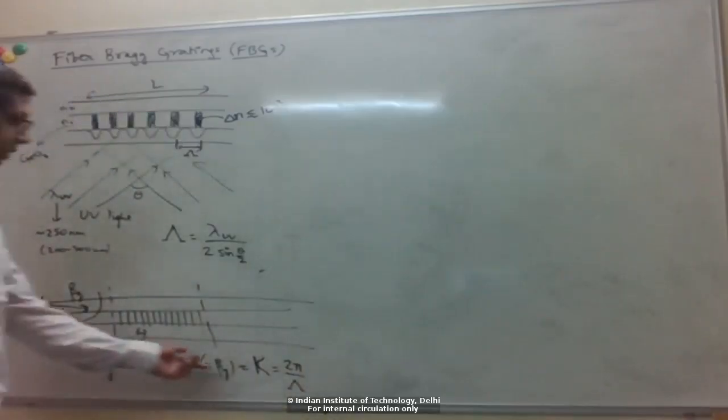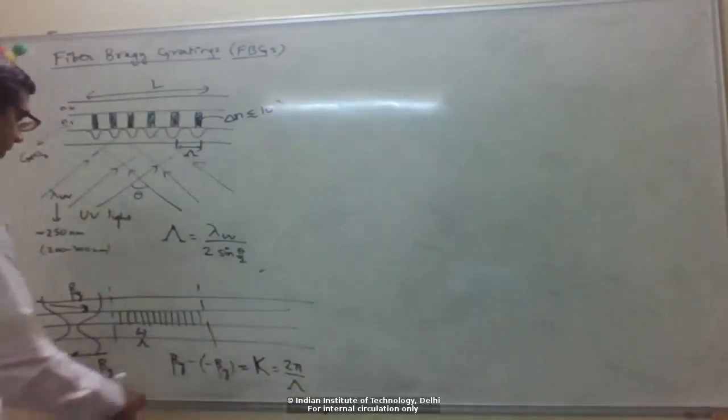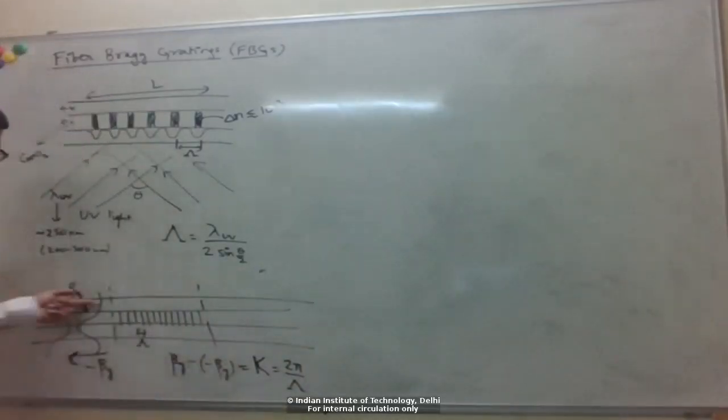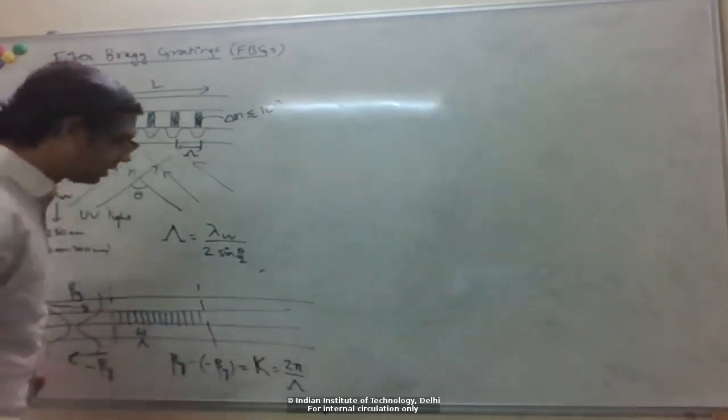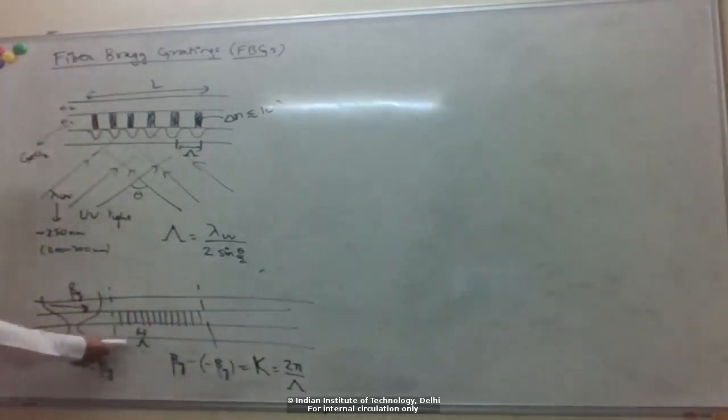So this is the Bragg condition for this case. If the incident mode has a propagation constant which satisfies this condition, then you will get a strong reflection.